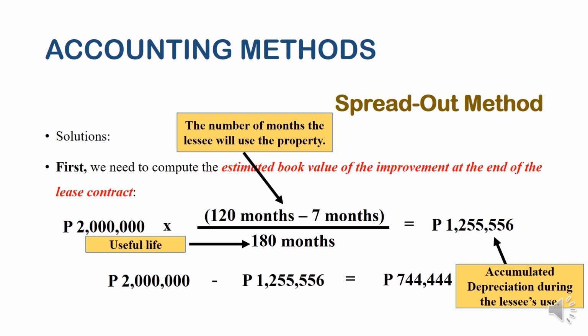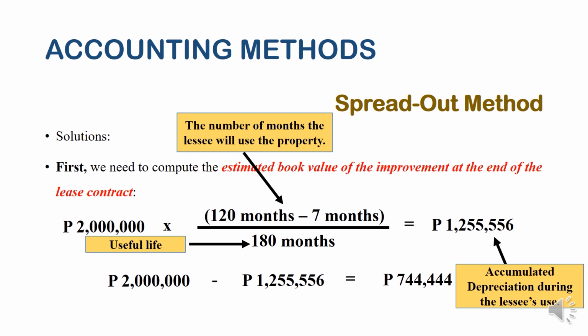Because the lease contract started on January 1, 2018, but the completion of the improvement only happened on August 1, 2018. Therefore, there has been 7 months that has lapsed since the start of the lease contract. Okay, so 1,255,556 is our accumulated depreciation of the improvement.